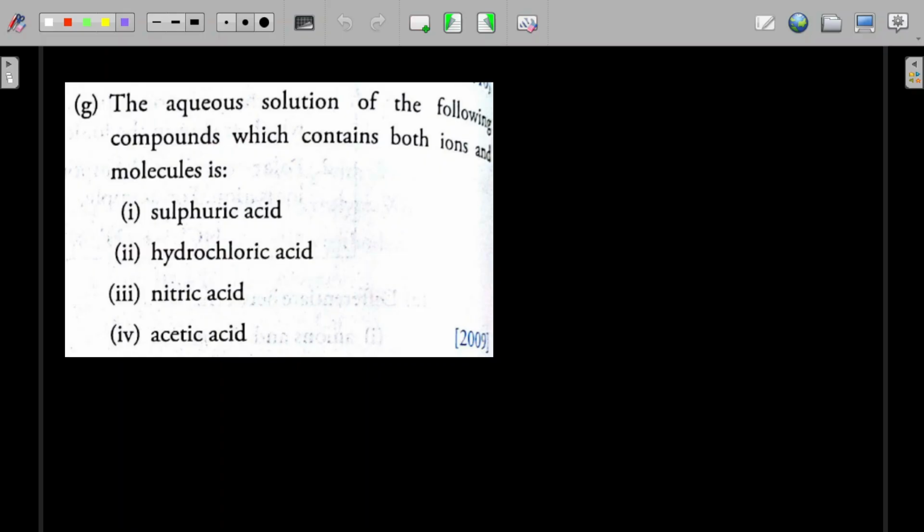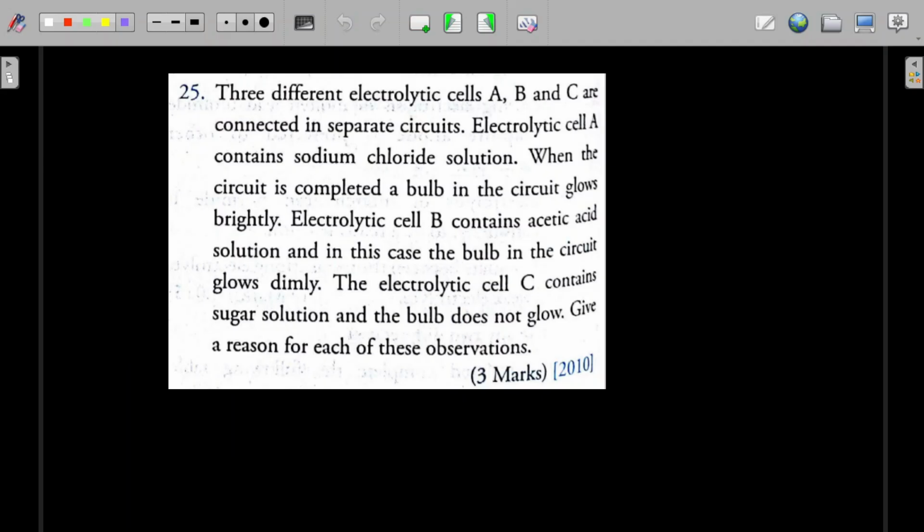So again, acetic acid. Acetic acid only, yes. Because it is a weak electrolyte, and weak electrolytes will have ions as well as molecules.